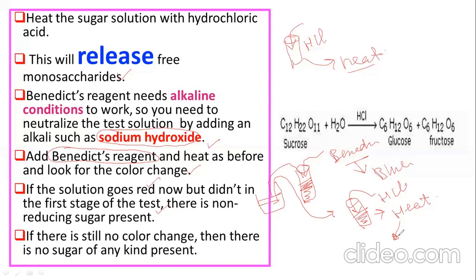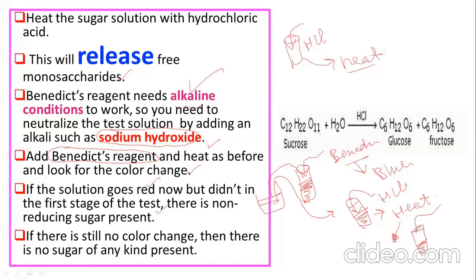After that, this solution still contains acid, and if I put Benedict's reagent directly, it will not work, because Benedict's needs alkaline condition. So I will not put Benedict's reagent directly.